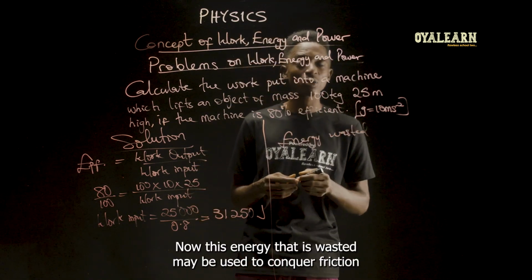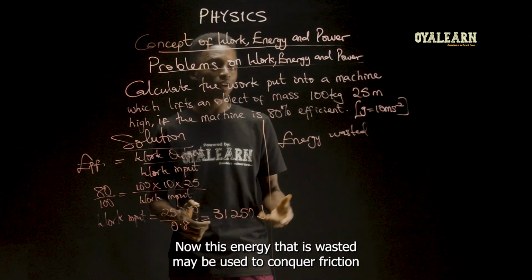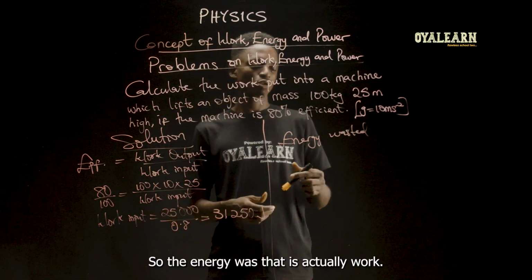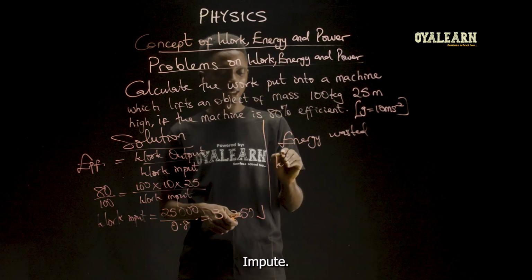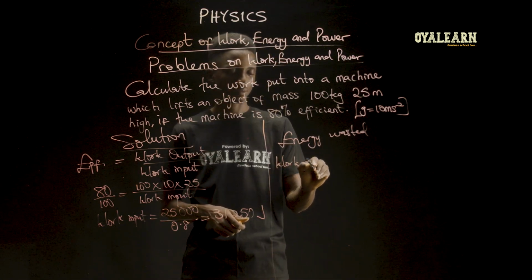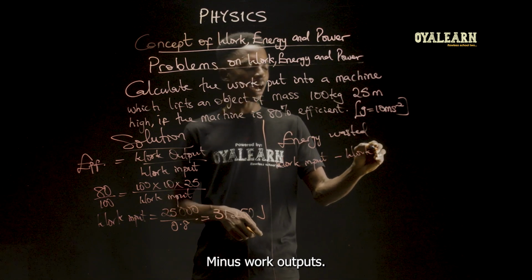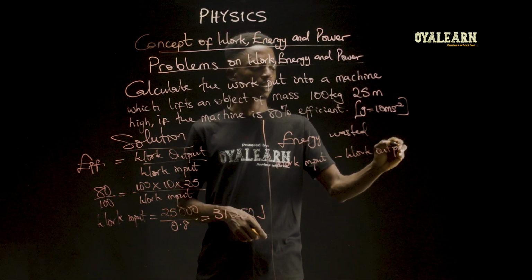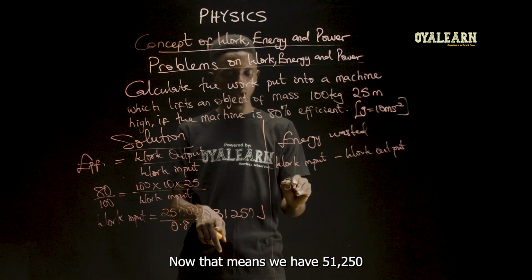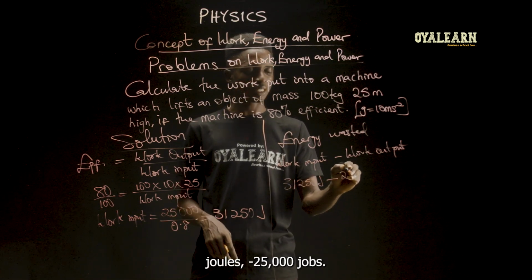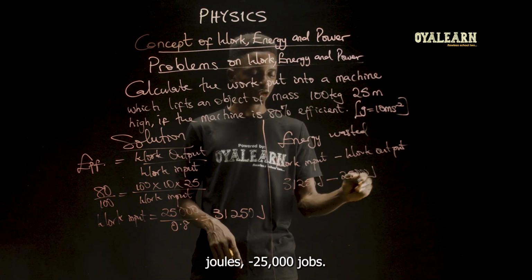now this energy that is wasted may be used to conquer friction, amongst other things that actually reduce the efficiency of a machine. So the energy wasted is actually work input minus work output. That means we have 31,250 joules minus 25,000 joules.